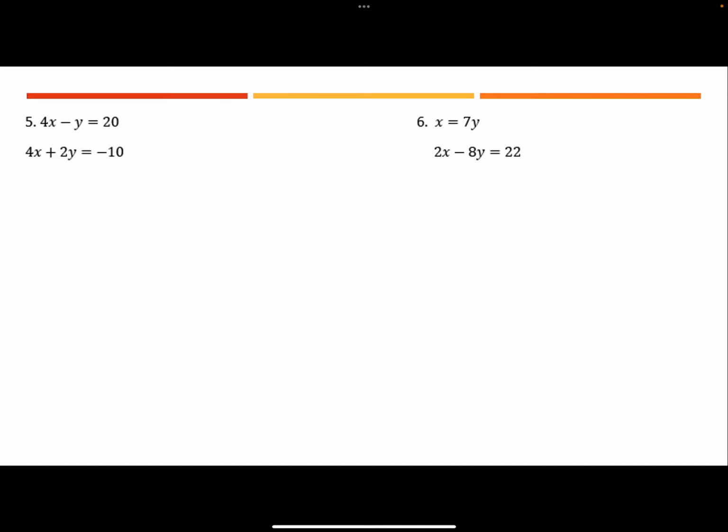So number 5, I would probably use elimination to do this, right? Because these are both in standard form, ax plus by equals c. So if I were you, I would use elimination. You're going to go through that process, but your answer, just so you can check it, should be this.